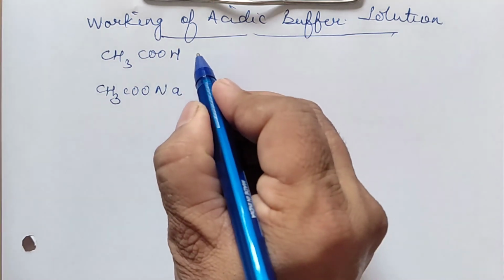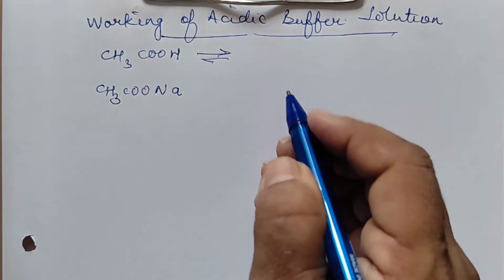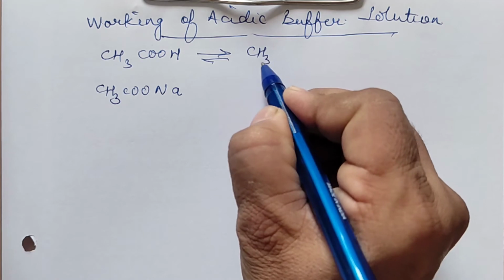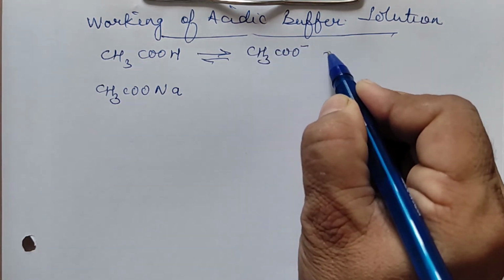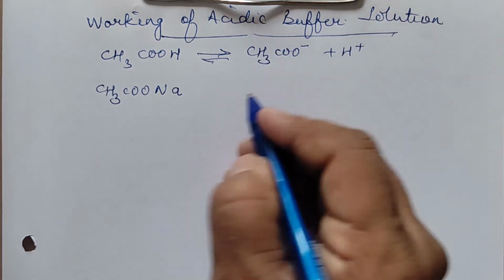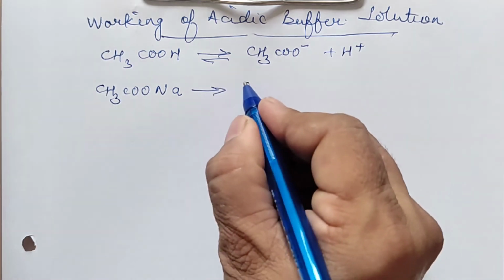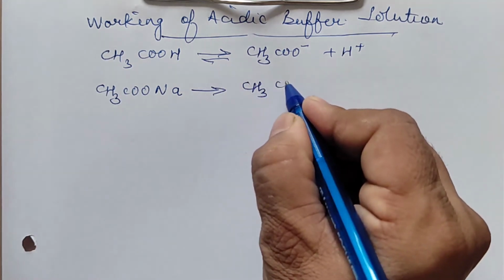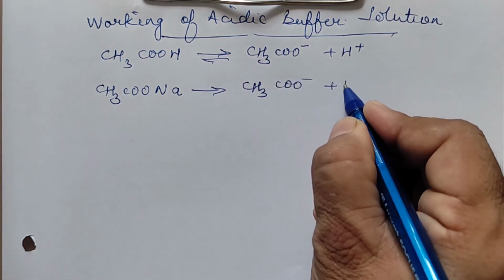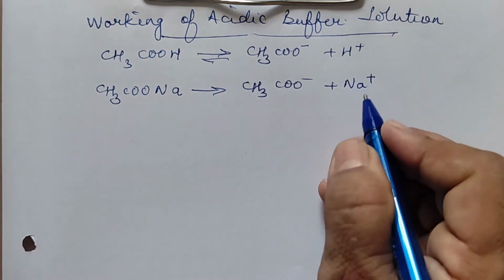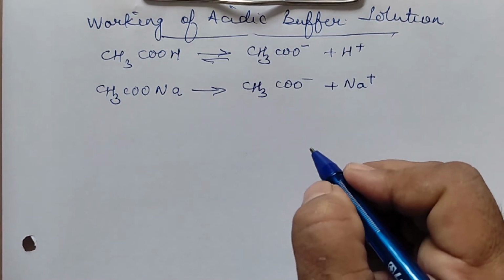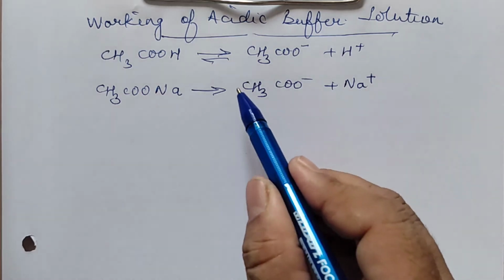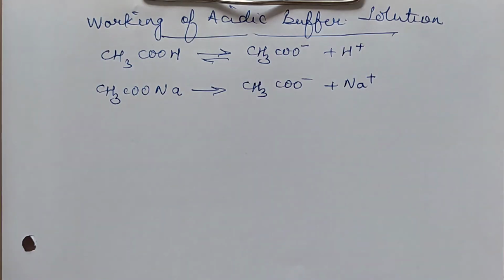This being a weak acid will not ionize completely. This part we know. It is going to form acetate ion, and the H plus ion will be released. Whereas this is comparatively strong, so it is going to ionize completely and result in the formation of acetate ion and Na plus. Whichever is the weak one will be reversible because that is not going to ionize completely.